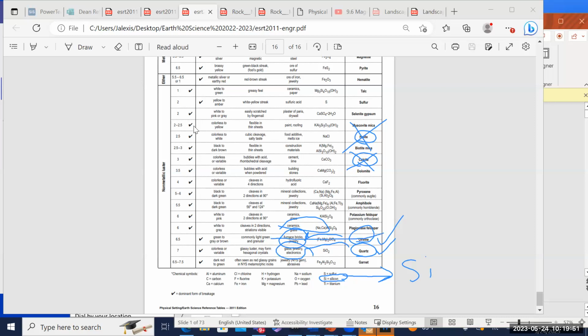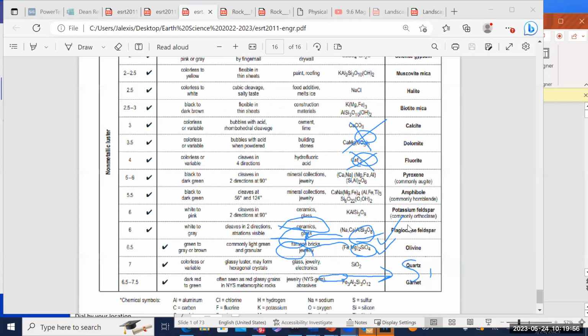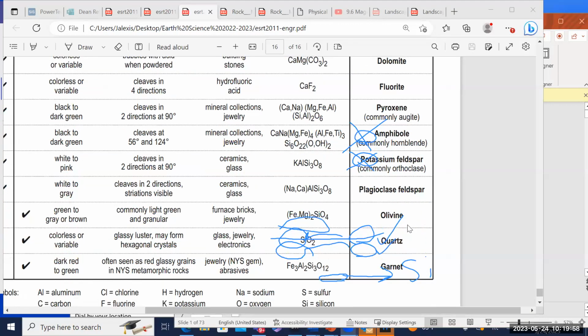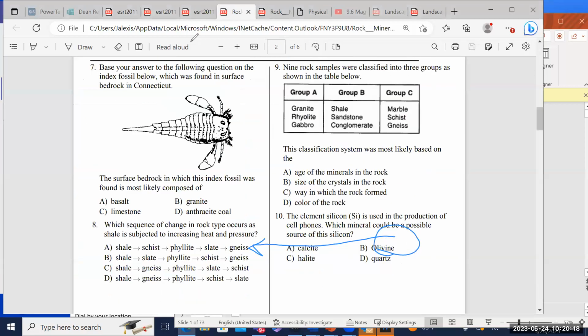So it can't be olivine. The use for quartz is electronics, so it definitely could be used for the production of cell phones because a cell phone is an electronic. That's why it's going to be choice D.